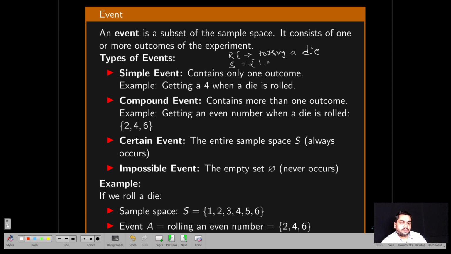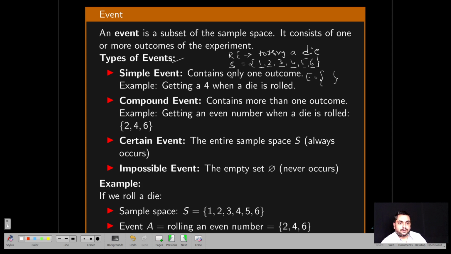S is equal to 1, 2, 3, 4, 5, 6. Then what is the event here? Let us denote it by E. Outcome 1 is an event, 2 is an event, 3 is an event, 4 is an event and 5 is an event. For example, if I say getting 3 on tossing a die, it's an event. The event can be any subset of the sample space.